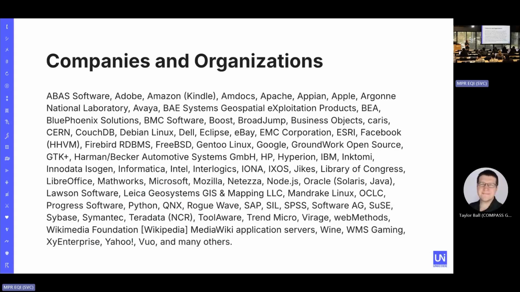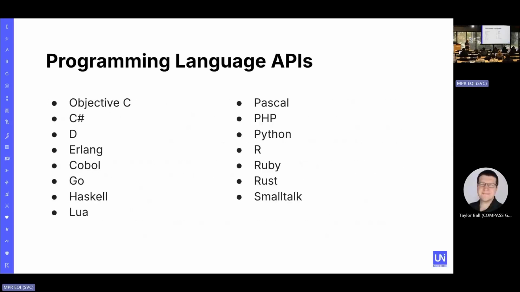Here's just a quick list of all the different companies and organizations that use ICU. Here are the programming languages that actually take ICU and expose its APIs through their APIs. So like I used to do for Adobe some terrible PHP applications that actually use ICU4C and expose it in the Intl API in PHP.